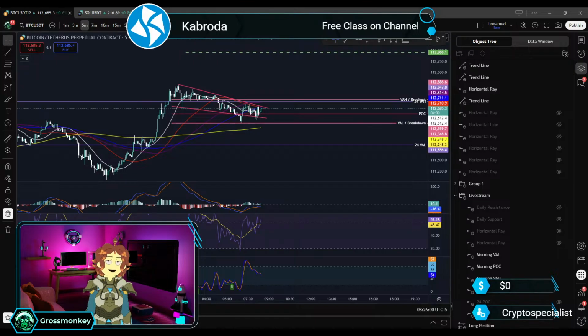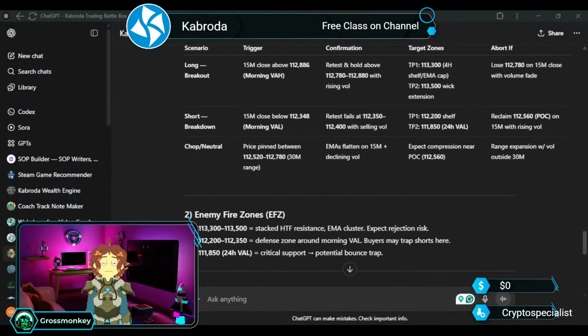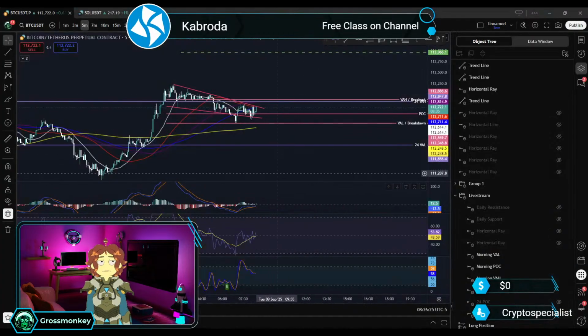The other trade that is on our battle plan is kind of just that chop neutral. So if we stay in between the volume area high and the volume area low, you can kind of trade up or down either way. Indicators on different time frames showing 50-50. Yeah, so that is one thing I was noticing as we were going through the different time frames: the 5 minute is showing more of an up trade besides the Stochs, I guess.